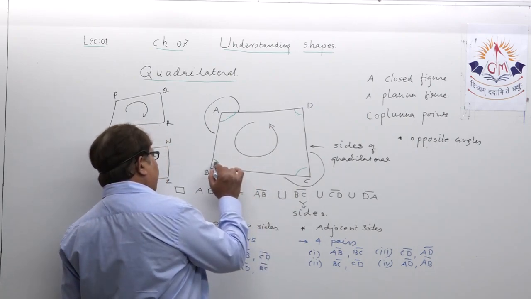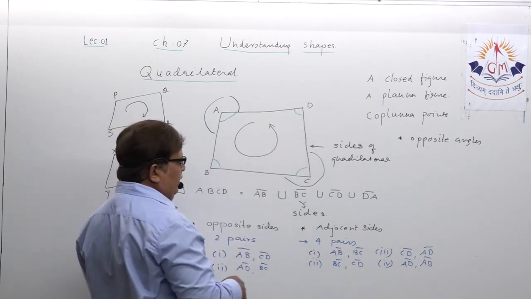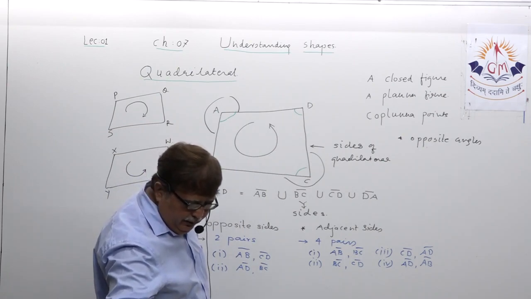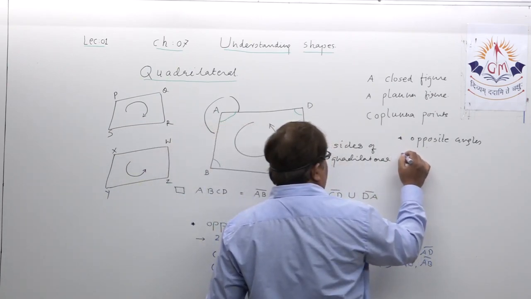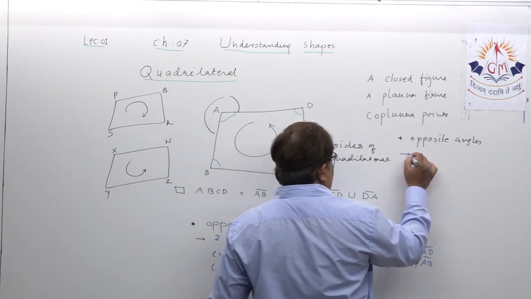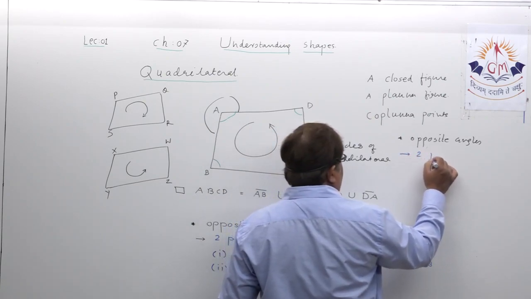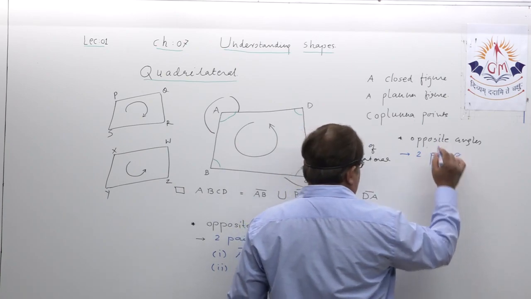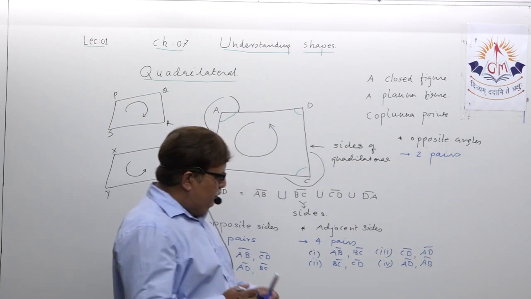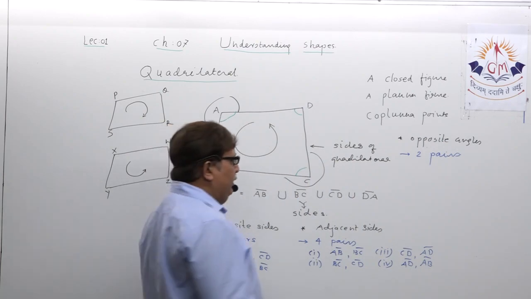Another pair, angle B and angle D. So, I mentioned this, that a quadrilateral has again two pairs of opposite angles.